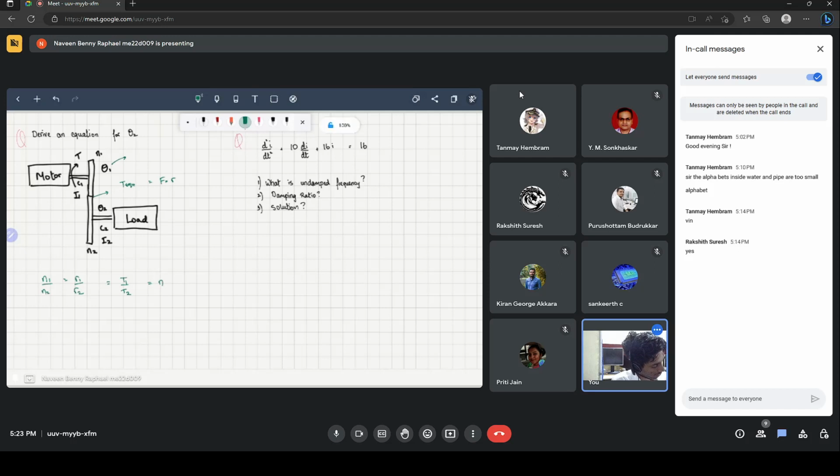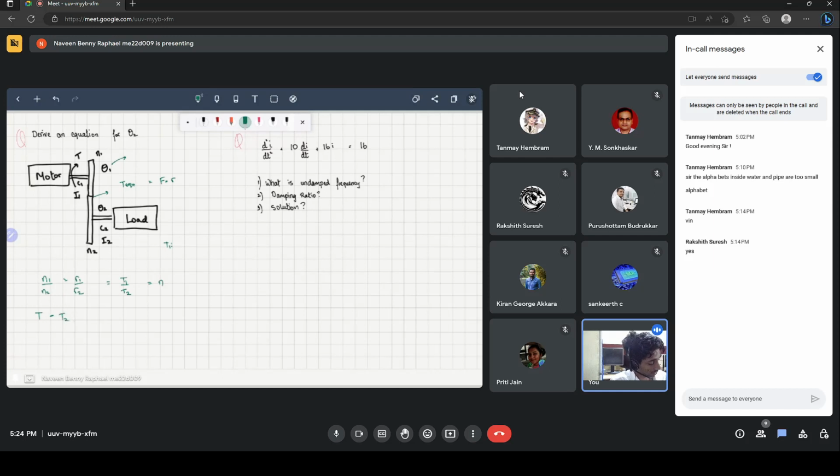T1 is the torque that the first gear applies on the second gear, and T2 is the torque the second gear applies on the first gear. So if you write the equations, the torques on the system are, the torque for the first gear is T minus T2.